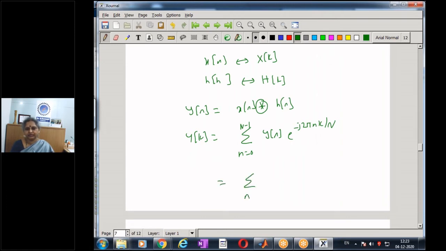But y[n] is given by the circular convolution of x[n] and h[n], so this is the sum over m equal to 0 to N minus 1 of x[m] h[n minus m], and e to the power of minus j 2 pi nk by N.